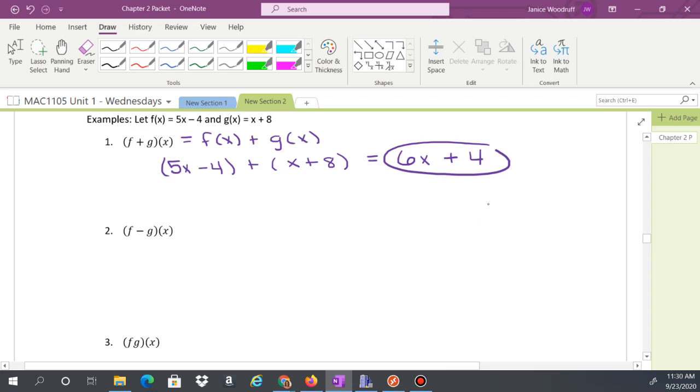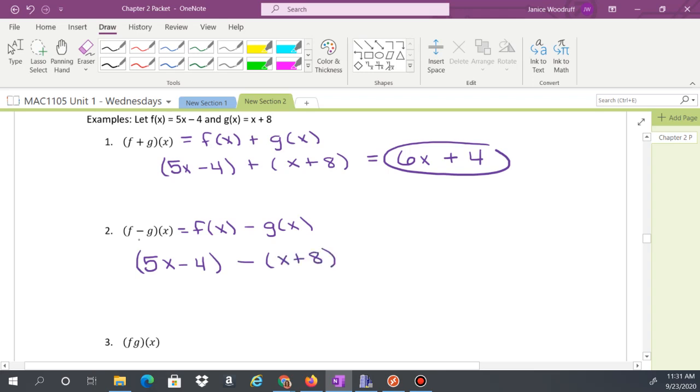For number 2, I have f minus g of x, which would be f of x minus g of x. So I'm going to have 5x minus 4 minus (x plus 8).